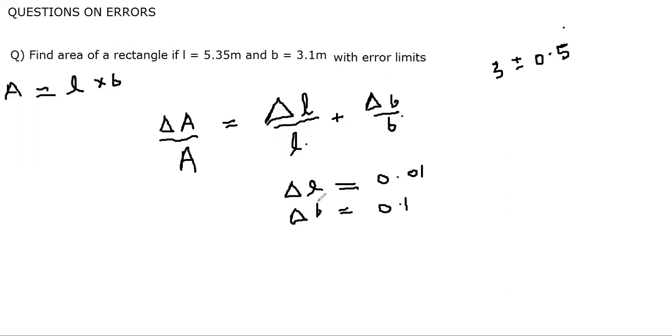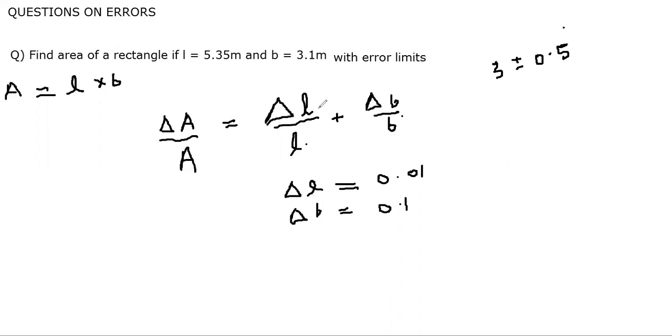These are the values of delta L and delta B. If it would have been 5.356, so 3 decimal places, then delta L would be 0.001. So this is how you are going to do it when the values are not given in proper format, when they are given in decimals. This is the way you are going to do it.